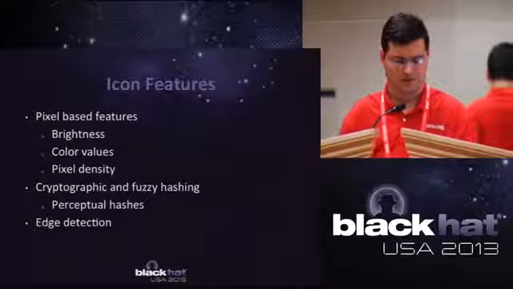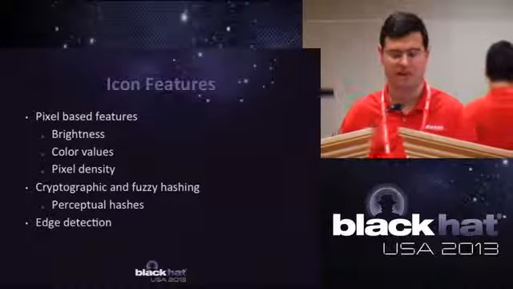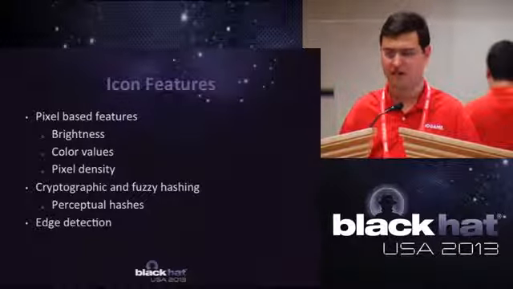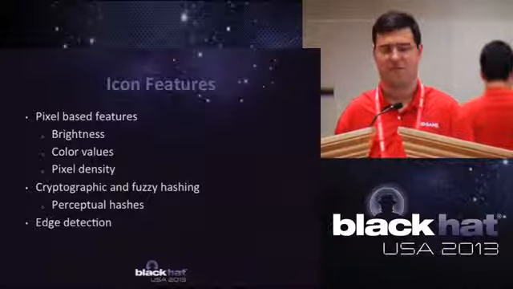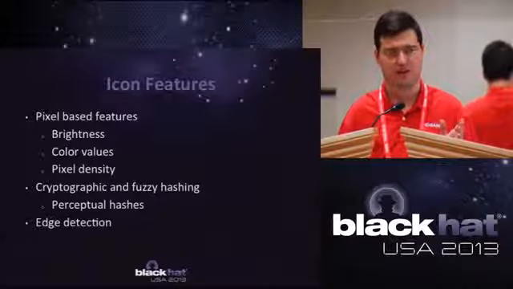We've also found that we've had excellent results doing cryptographic and fuzzy hashing on the files themselves. Individual icons, we found, will be spread across multiple families, and you can trace a certain amount of family lineage from that.